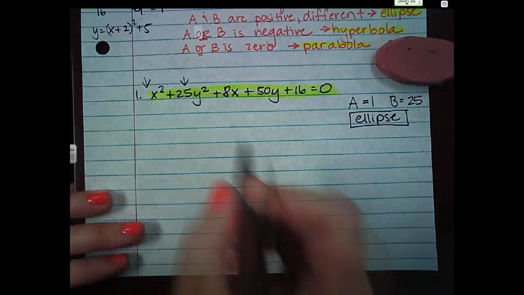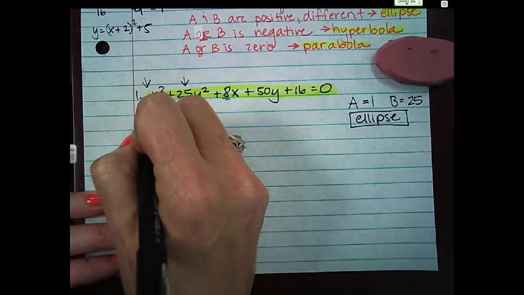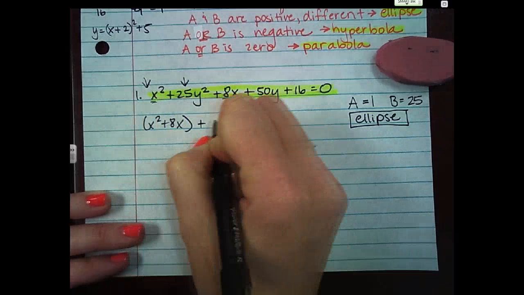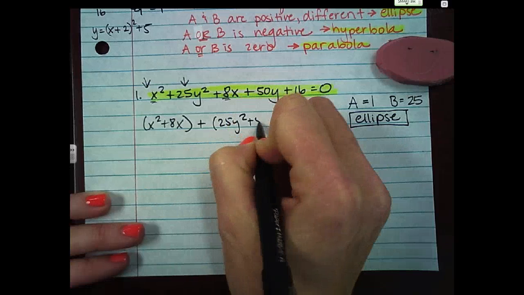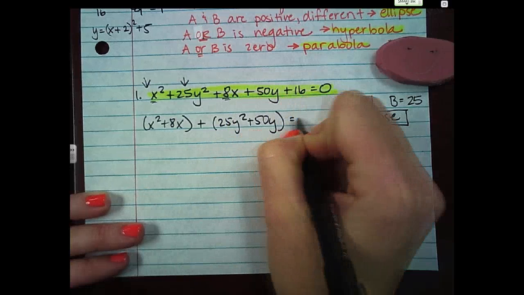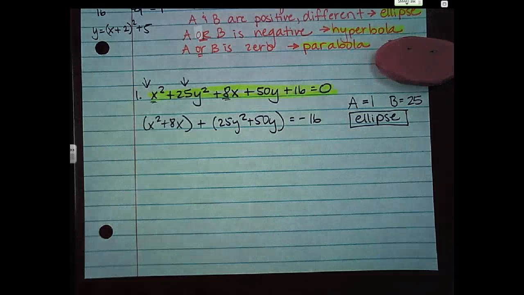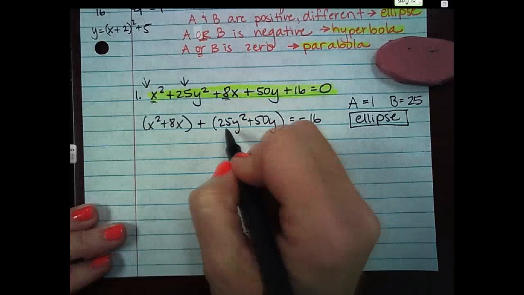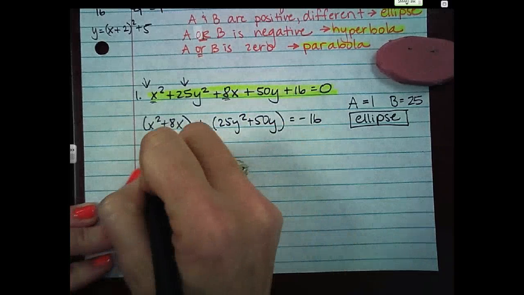So let's go ahead and do that next, okay? We'll put it in standard form now by grouping the x's together. So that gives me x squared plus 8x. Now group my y's together, 25y squared plus 50y, and move your 16 over. You're gonna complete the square. Okay, before you can do that, you have to factor 25 out of here. So you end up with x squared plus 8x.